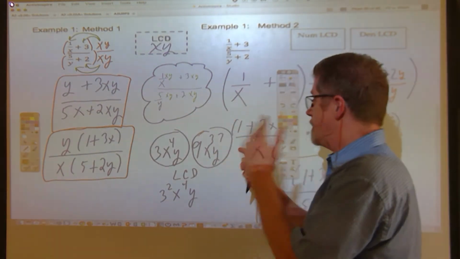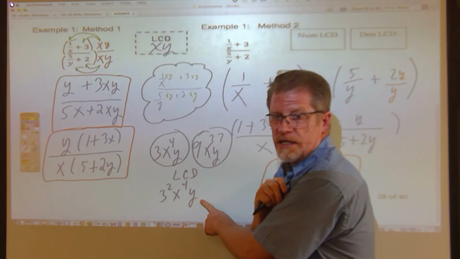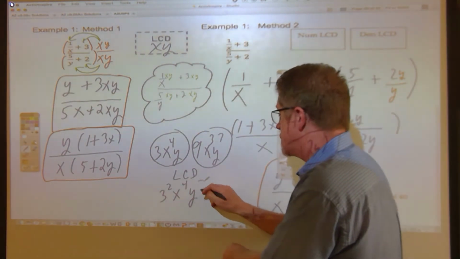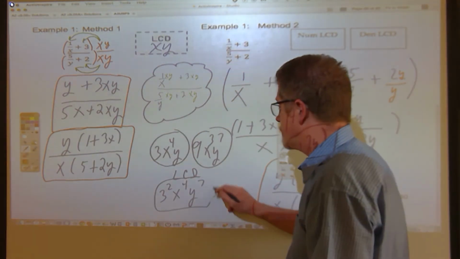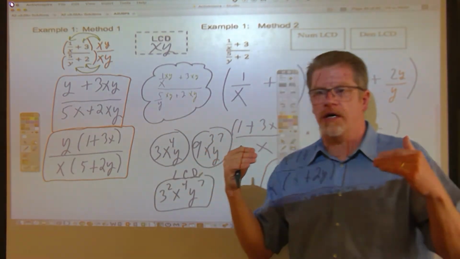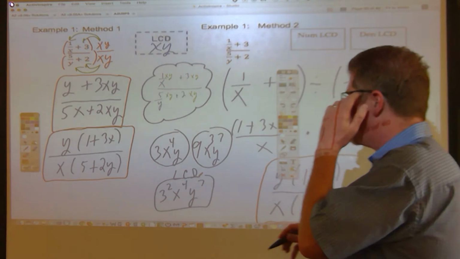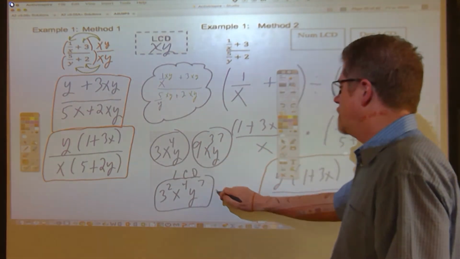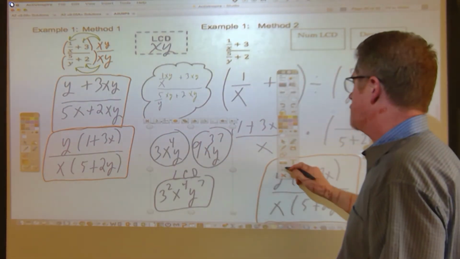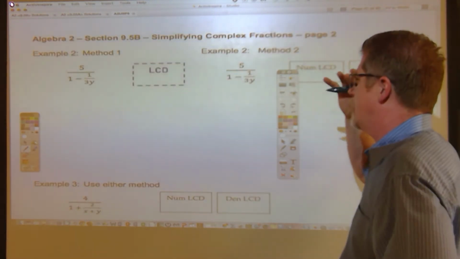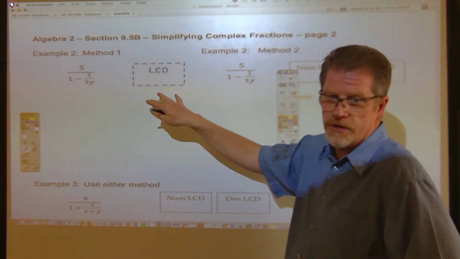Okay, so for the y's, what exponent should I use on y in the LCD? 7. Okay, so sometimes the harder examples are more helpful in terms of seeing what the general process is. So when we do that over here, again, these problems we're working on here are not super tough in terms of calculating the lowest common denominators. So Gerald, do you have an idea now?